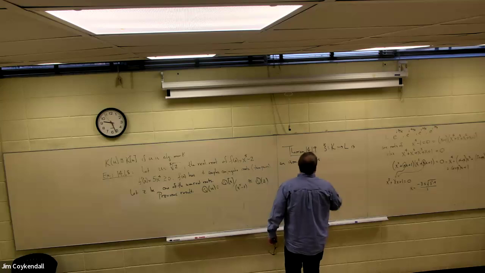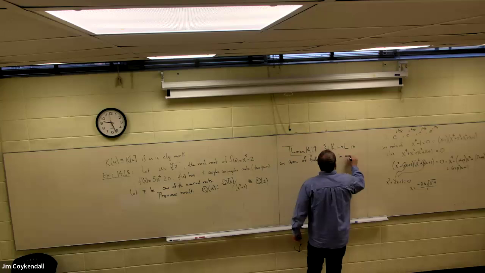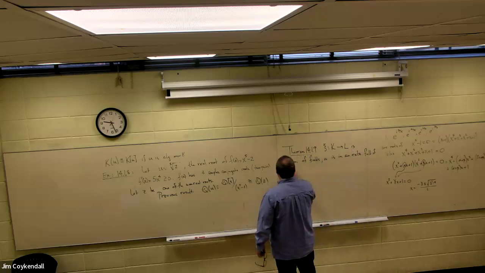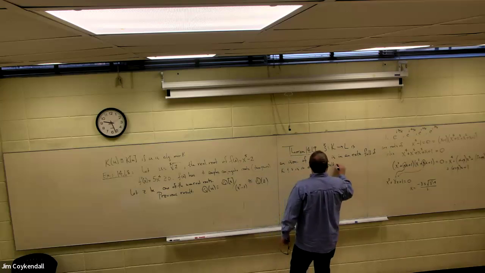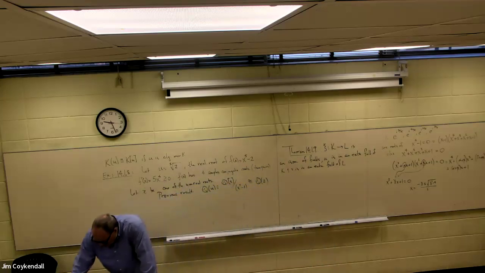Suppose we have an isomorphism of fields, where u is in an extension field of K, and v is in an extension field of L. Then the original isomorphism extends to an isomorphism of K(u) to L(v).